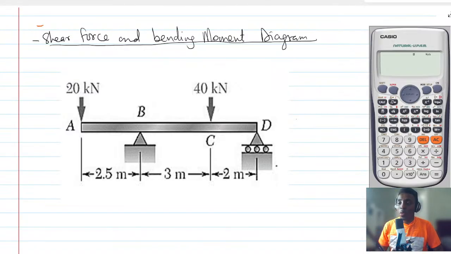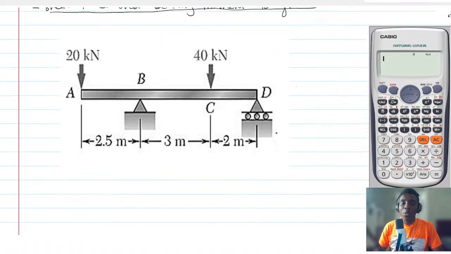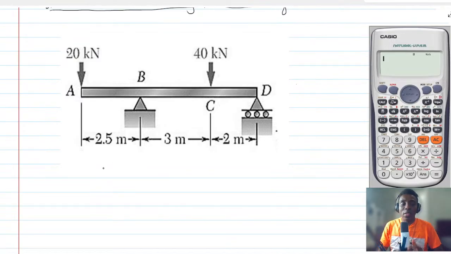You first of all sum forces along the x to be 0, but like I said, B is a hinge, so it has two reactions.